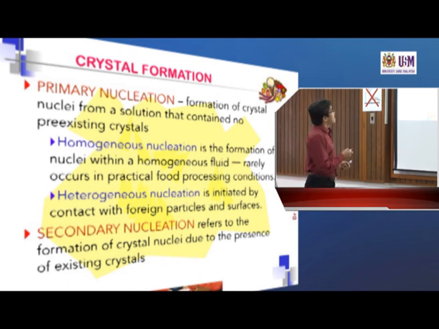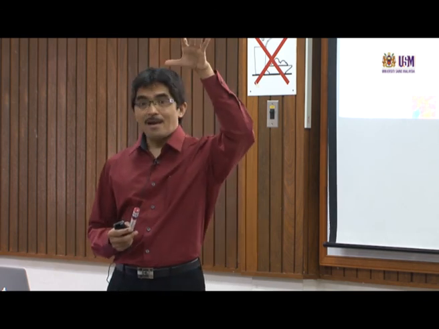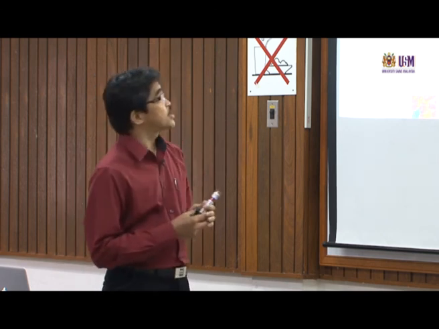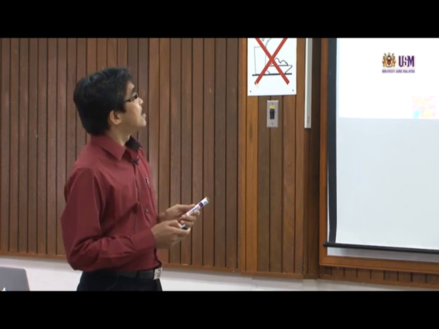Yeah? Formation of crystal nuclei from a solution that contains no pre-existing crystal. So this is usually when we are in the labile, unstable state, because we can get a spontaneous nucleation, spontaneous crystallization.